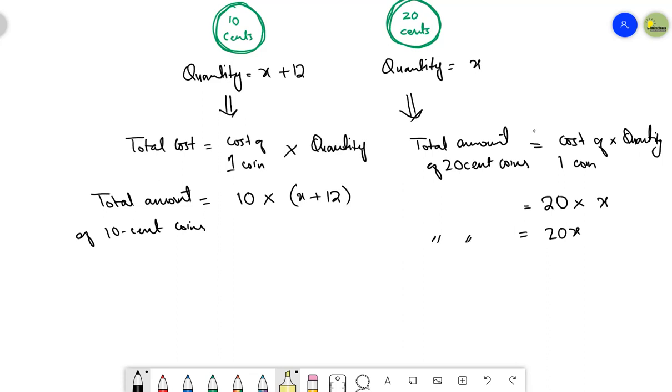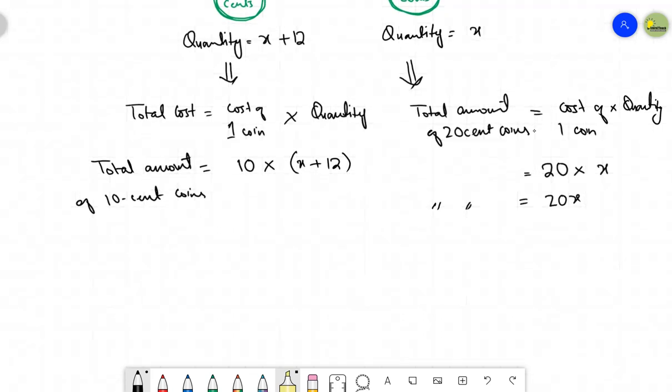Now you have to add both the quantities, in order to have the total amount of all the coins he has, either 10-cent coins or 20-cent coins.